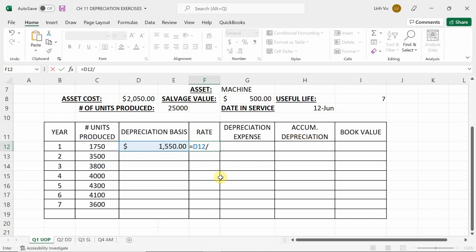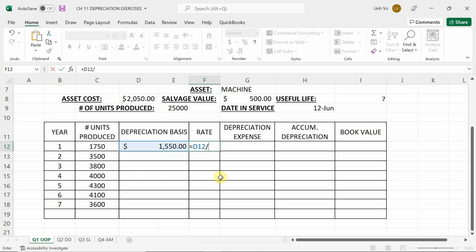Okay, so now we have the depreciation basis, 1,550, over the total number. Where is the total number? Is it the salvage?